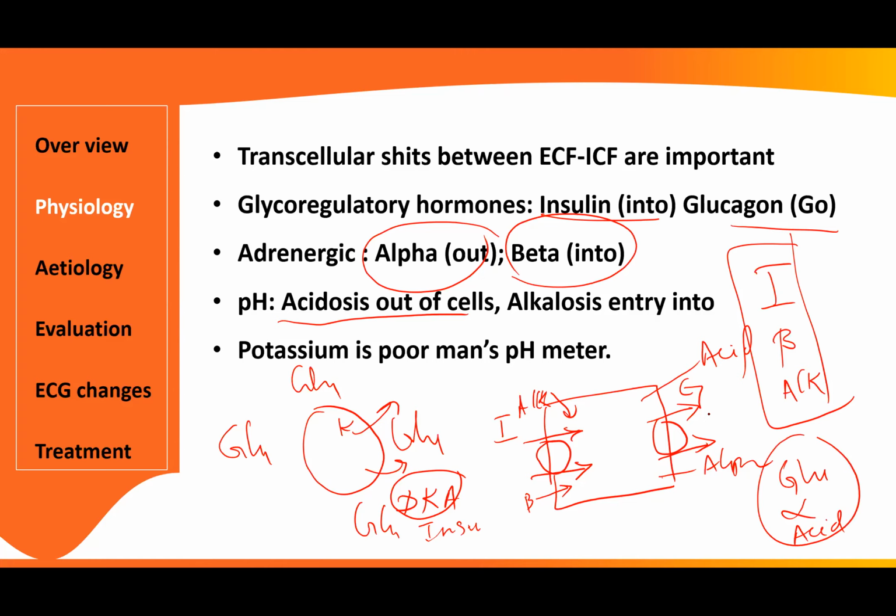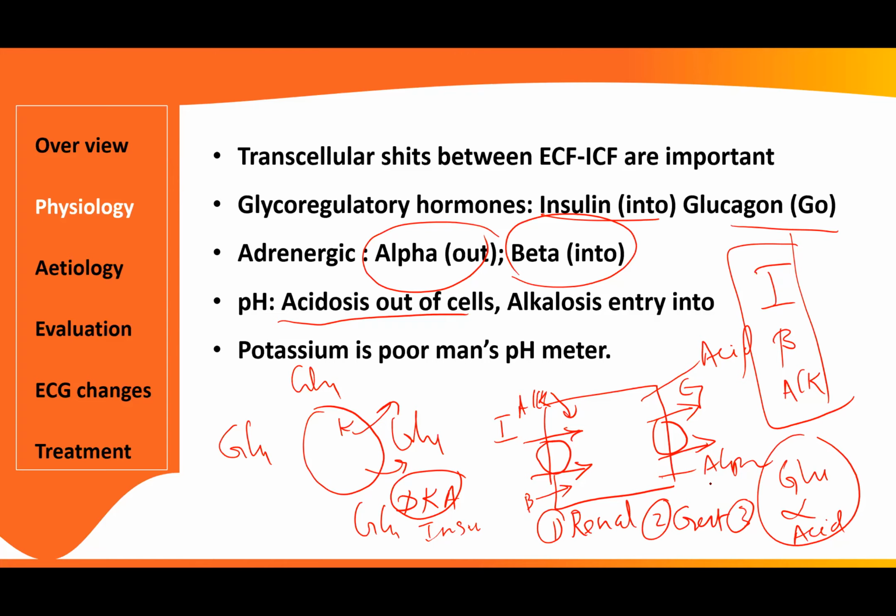These are the transcellular shifts. So we have seen one is excretion at the level of the kidney that we discussed. The second one is excretion by the gut. And the third one is transmembranous, transcellular, Na-K ATPase dependent ECF, ICF transport.